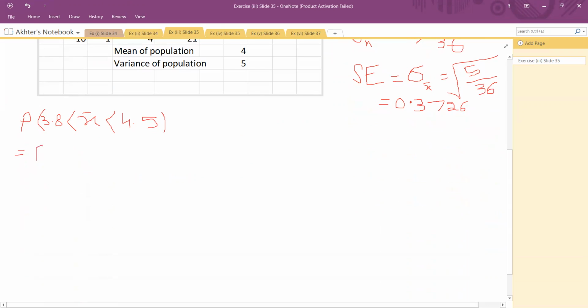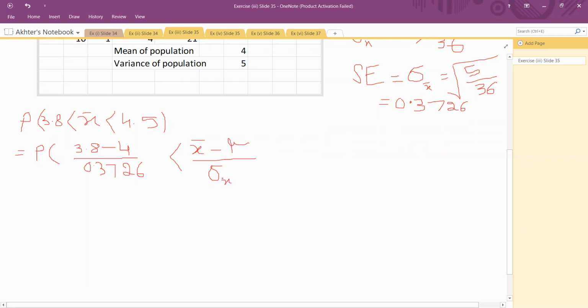According to the central limit theorem, this can be converted into Z: 3.8 minus 4, where 4 is the mean of the population, or the mean of the sampling distribution of mean, divided by the standard deviation of the sampling distribution of mean, 0.3726. That is x bar minus the mean of x bar, divided by the standard error sigma x bar.